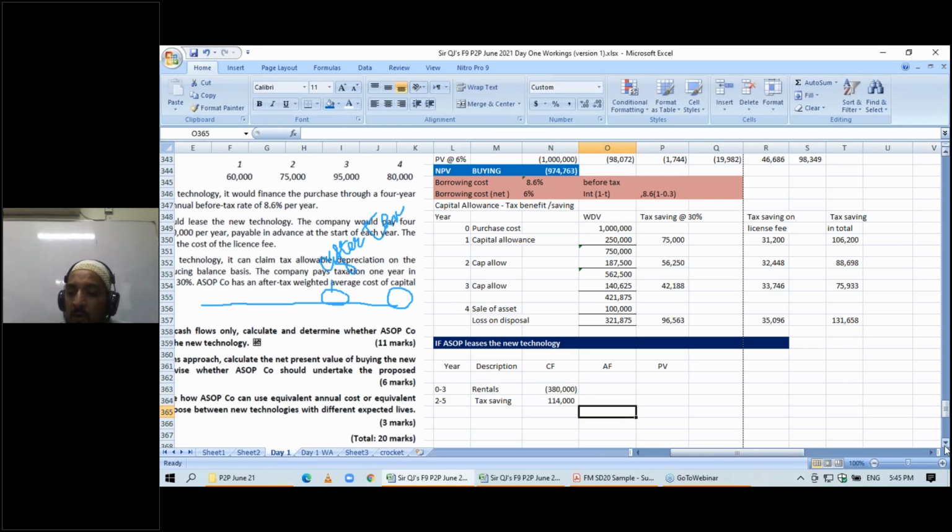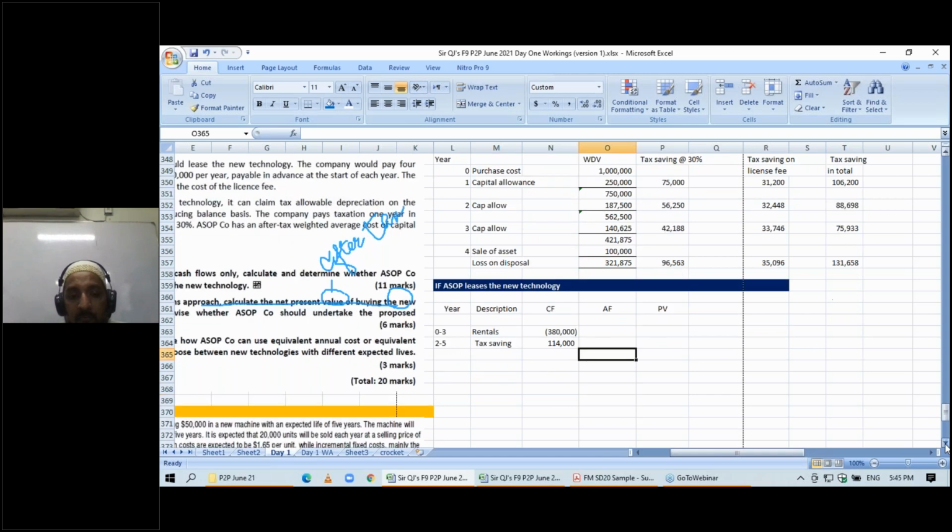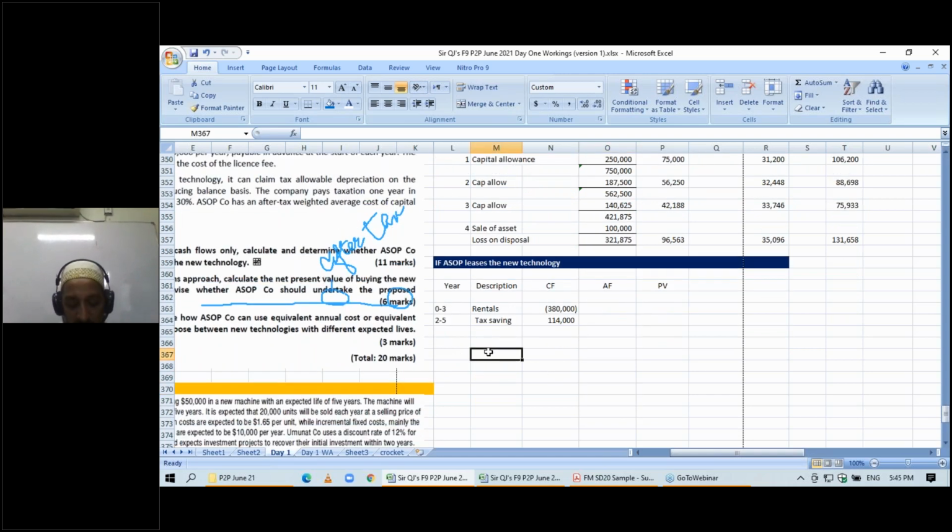Now, what about the annuity fractions? We need two annuity fractions. AF when n equals 3.